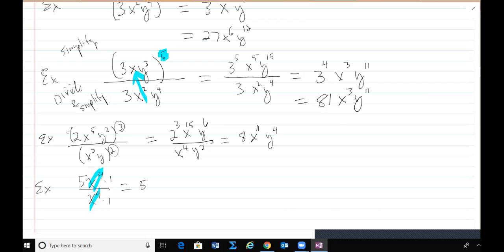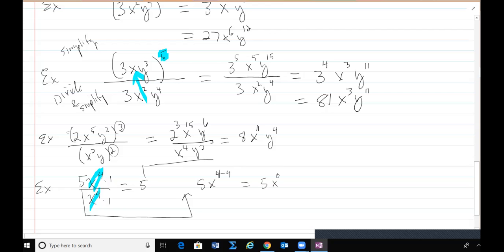Now, somebody else might say, wait a minute, isn't this supposed to be 5 with an x to the 4th minus 4, like that? Yeah, according to the rule. And isn't this supposed to be x to the 0? So what is x to the 0 now? Well, if you compare these two expressions, you realize that in order for them to be equal to each other, the x to the 0 must have been a 1.